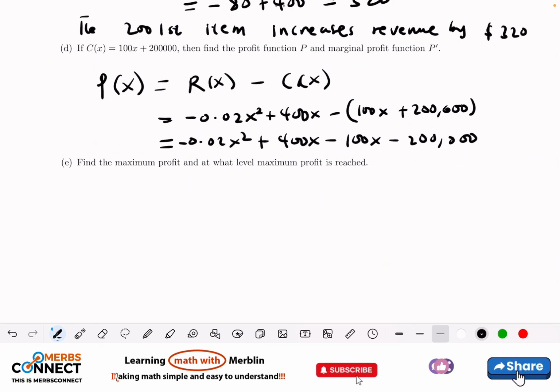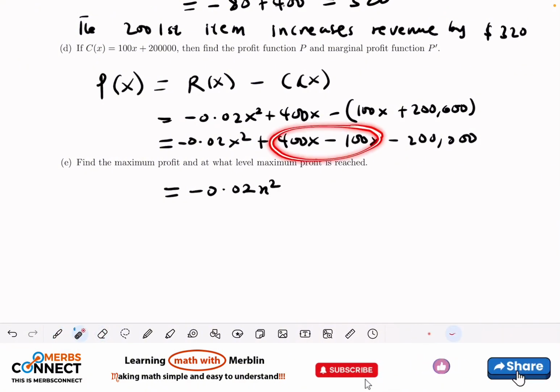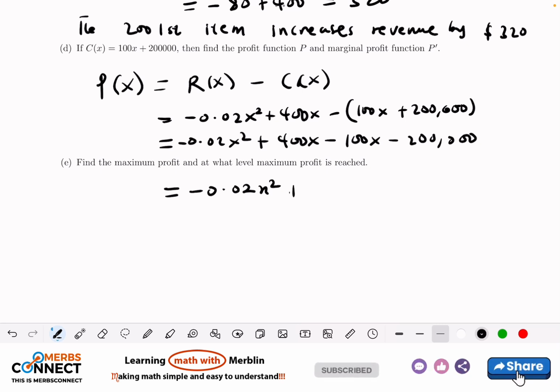And then I'm going to get something like minus 0.02x squared. Then when I do the subtraction here, I'm going to have plus 300x minus 200,000. So that will be the profit, right? Now this is P.